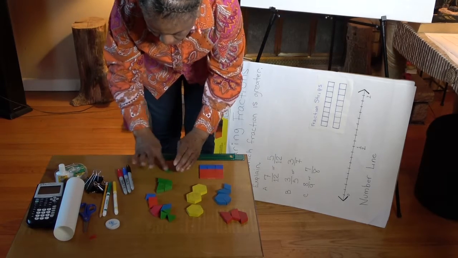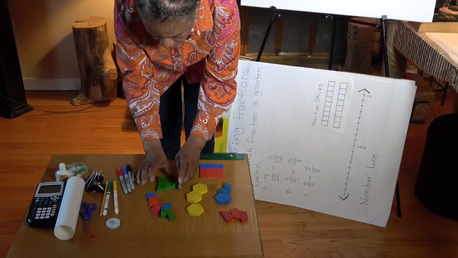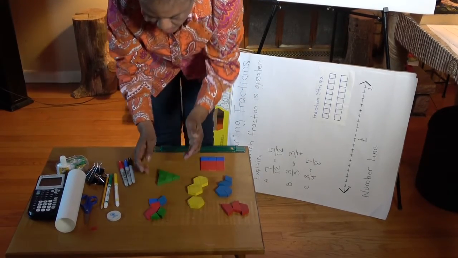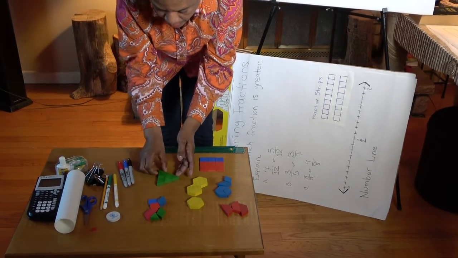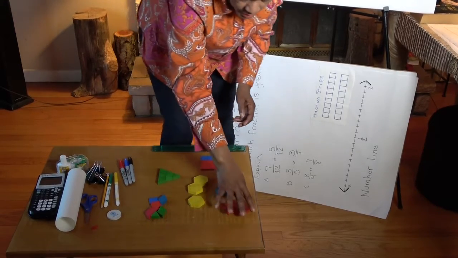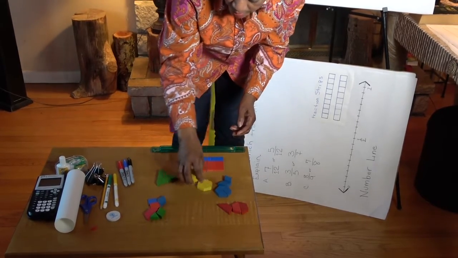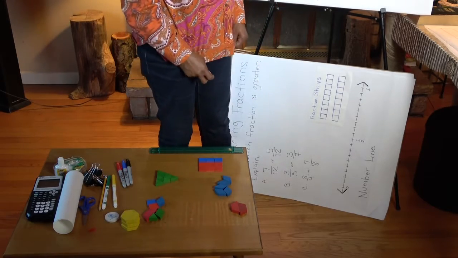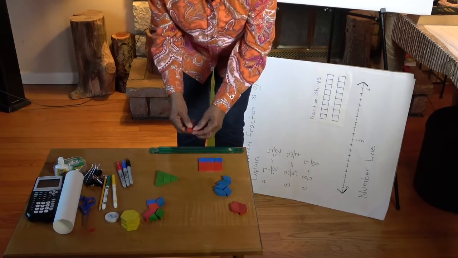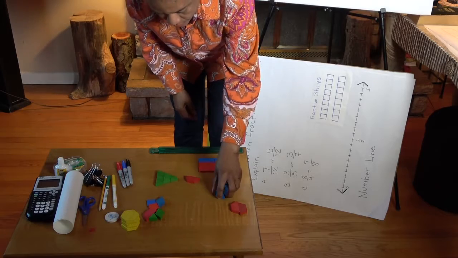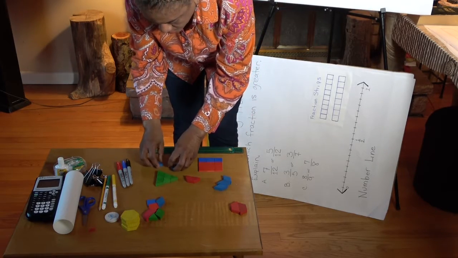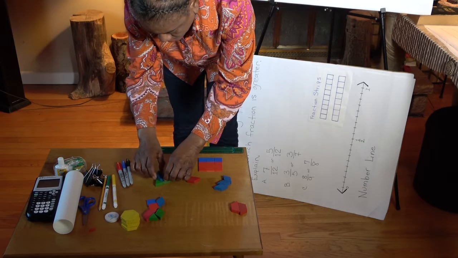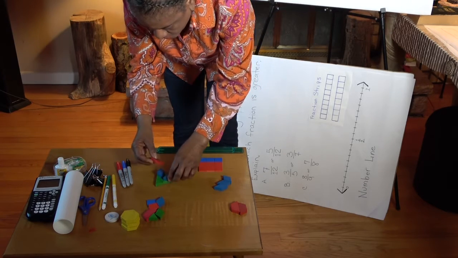All right, I have my triangle made. Can you get a picture of that? And then I don't need any yellows. So I want part of it to be blue, and part of it to be red.